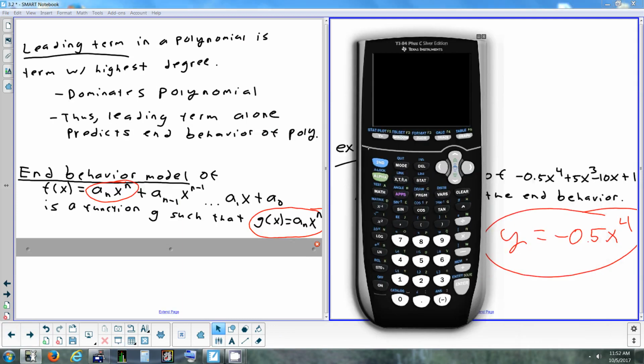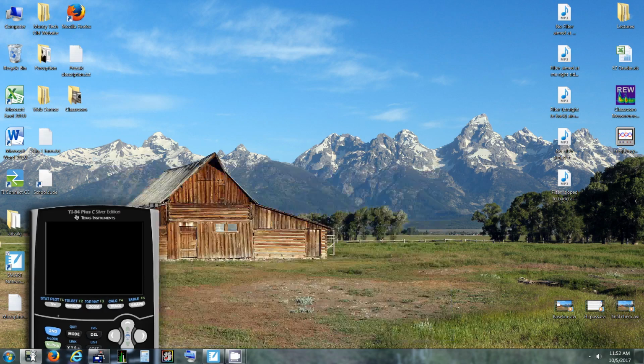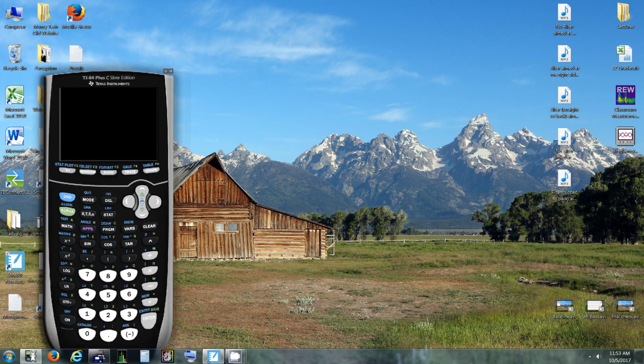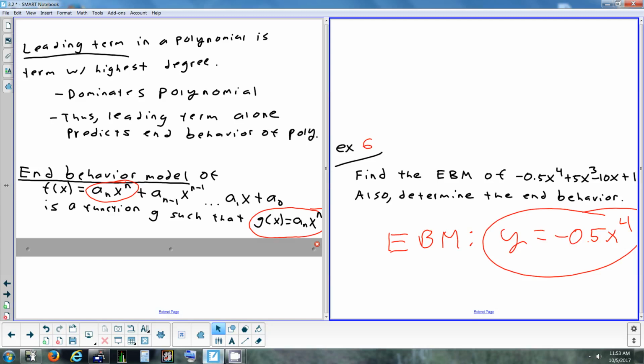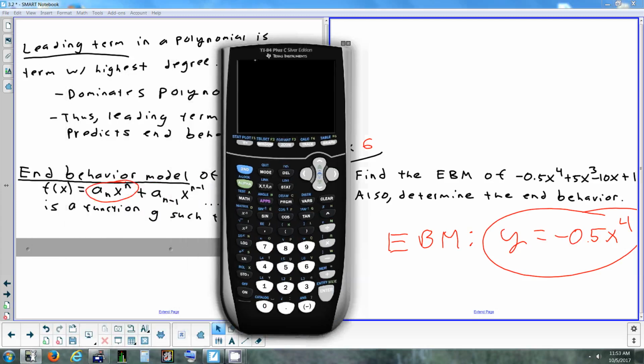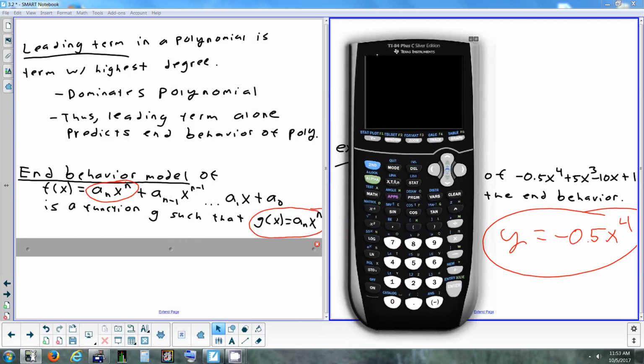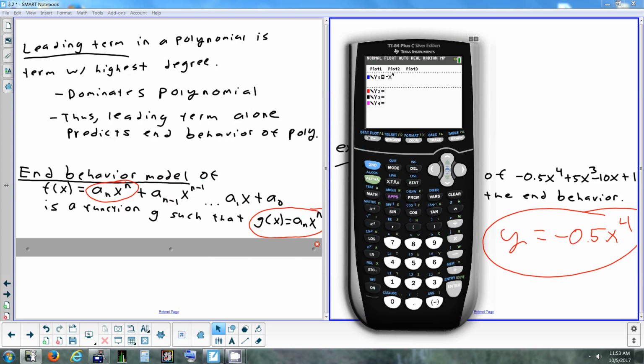Does everybody have what's on the left? Let me graph my problem, and then let me graph the end behavior model and show you how they compare.